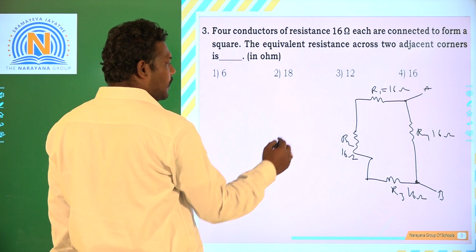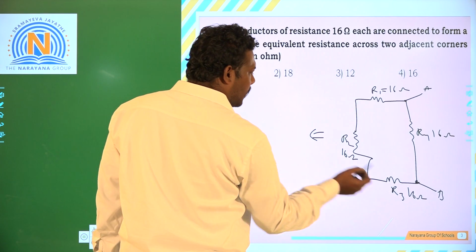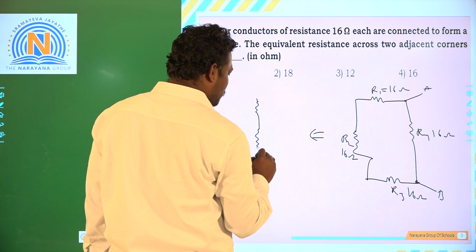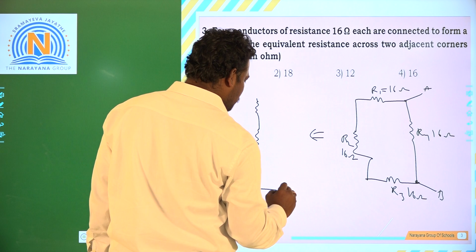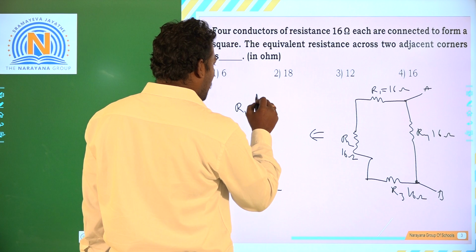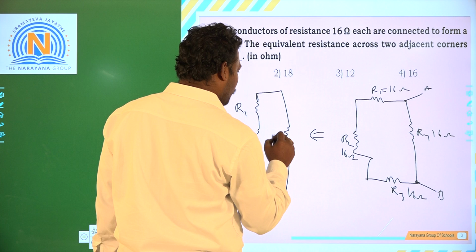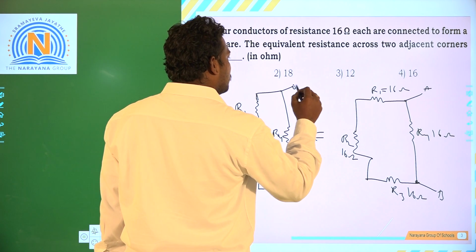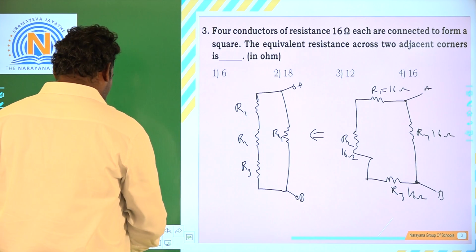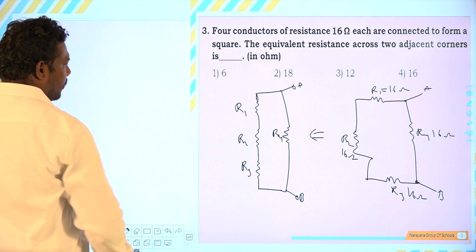Now this circuit is equivalent to R1, R2, R3 in series, and these are parallel to R4, between A and B. Let us find the equivalent resistance of the circuit.